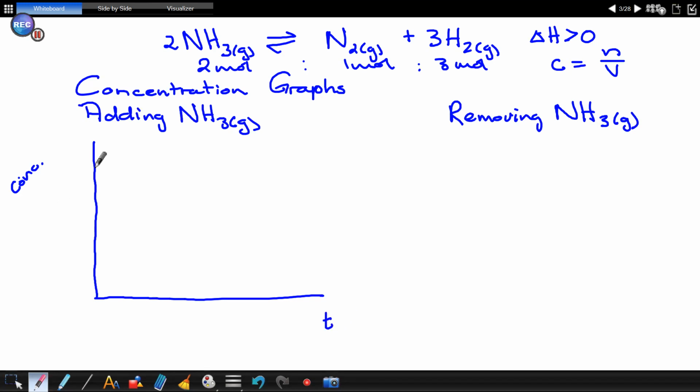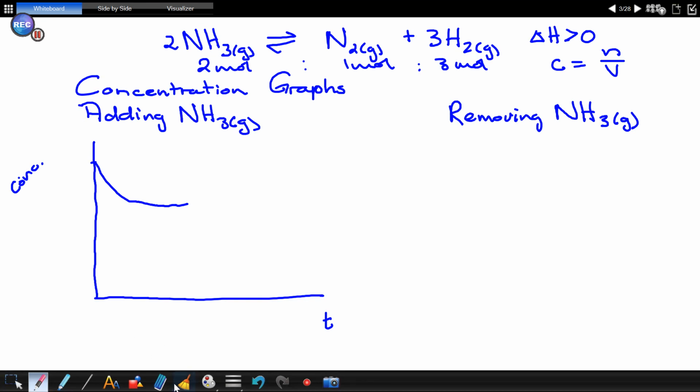So your ammonia is the only reactant. To reach equilibrium, the concentration of ammonia will decrease until it reaches equilibrium. Then the concentration of the ammonia will stay constant.